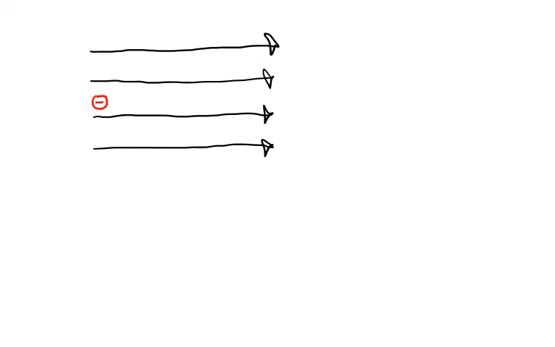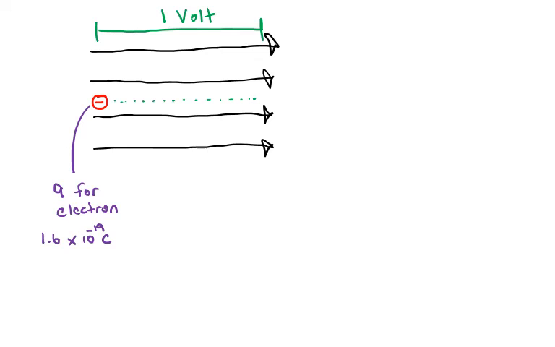All right, so let's take a look at this situation. We have a field, we have a negative charge, and let's say this is just a single electron, so 1.6 times 10 to the negative 19th coulombs is the charge. And let's say that the potential difference from this spot to this spot is 1 volt.